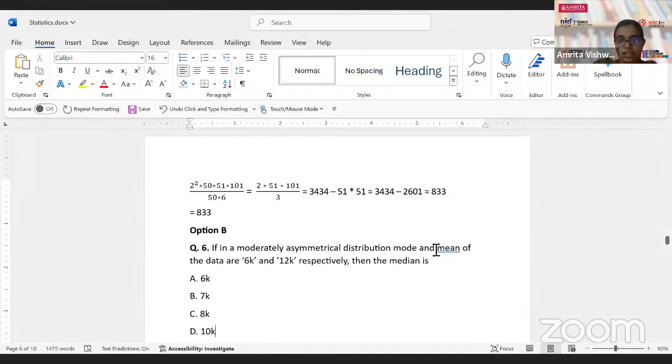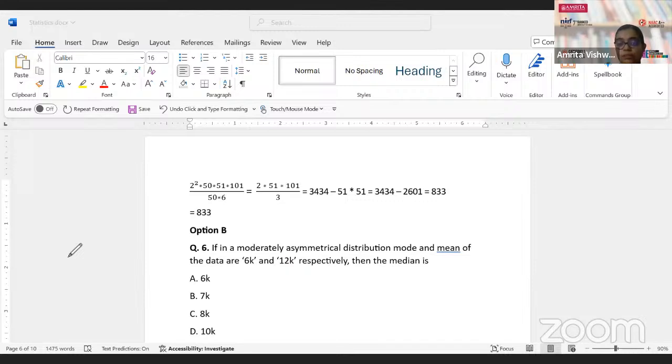Now, this is the next question that we are planning to solve today. If in a moderately asymmetrical distribution, the mode and mean of the data are given as 6K and 12K, find the median. There is a special formula that you have studied for a moderately asymmetrical distribution. That formula connects mean, median, and mode.